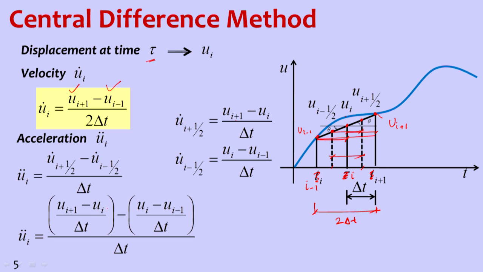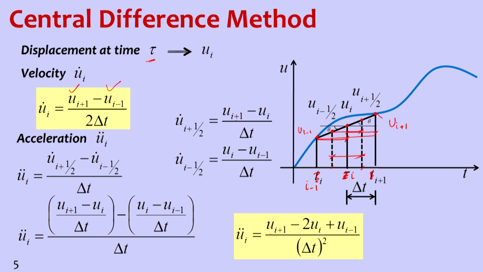So 2 u i, and this minus of minus plus u i minus 1, and then delta t is common. So this will become delta t square. So as you can see here, u double dot i is equal to u i plus 1 minus 2 u i plus u i minus 1, divided by delta t square. So acceleration term can be represented by displacement at 3 points.